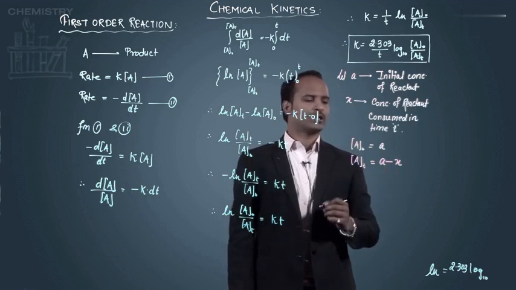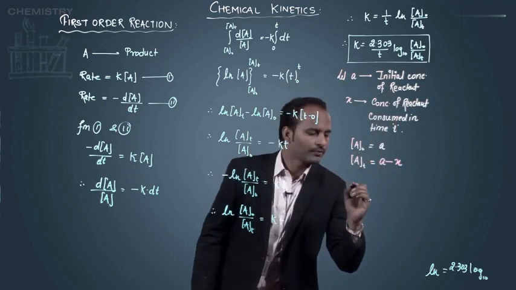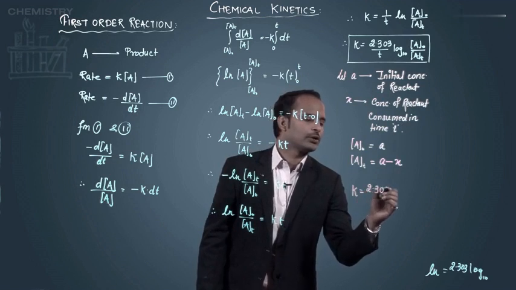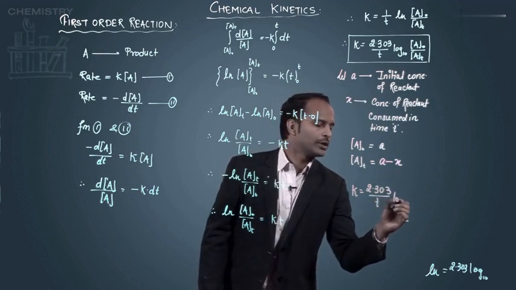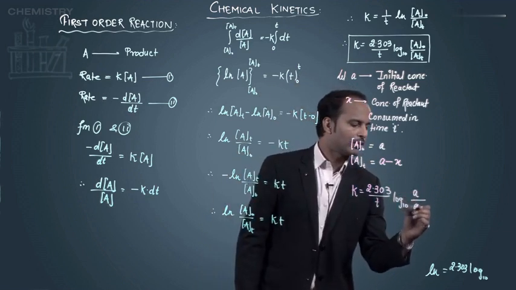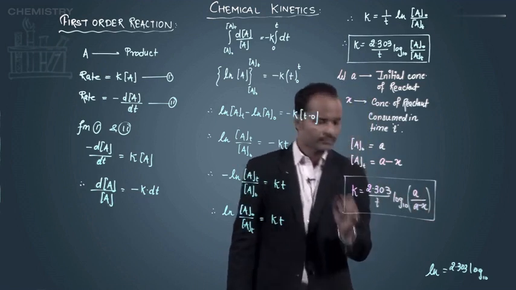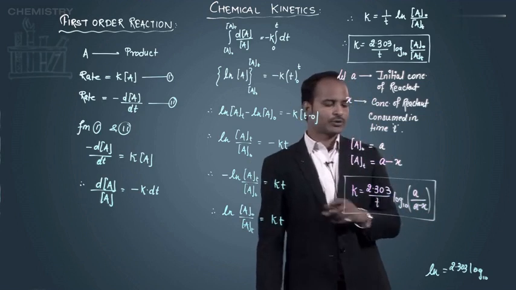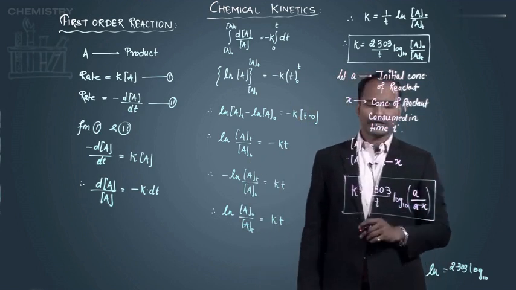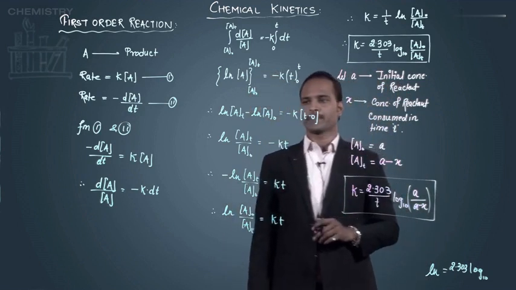So the amount left is a minus X. So instead of A naught and AT, we can write k is equal to 2.303 upon t log to the base 10 of a upon a minus X. This is the formula, where a is the initial concentration and X is the concentration consumed after time t.